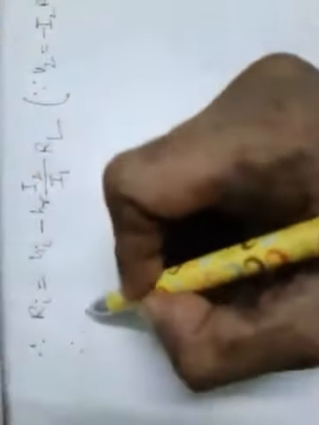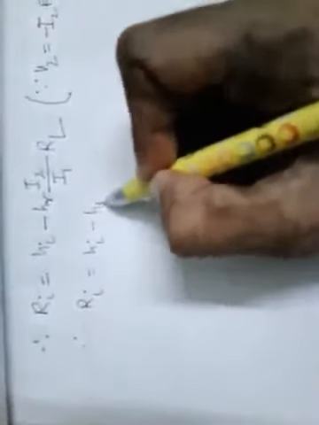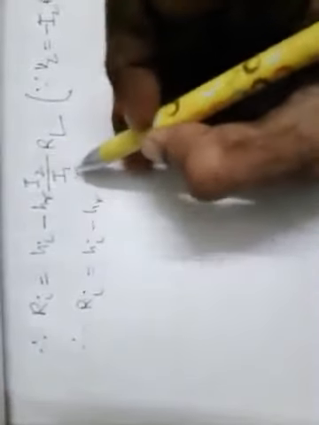We could write this because V2 equal to minus I2 into RL. So from here Ri is equal to HI minus HR, and we know the value of I2 by I1 with a minus in between.